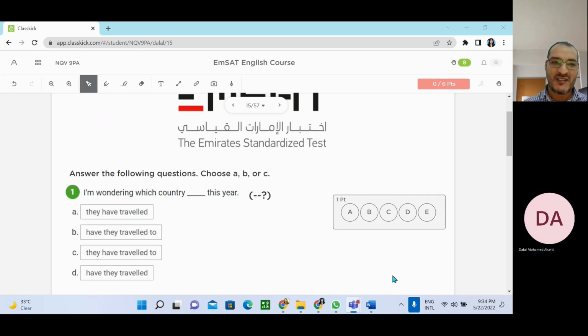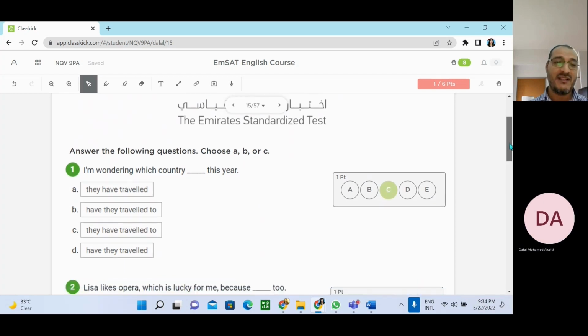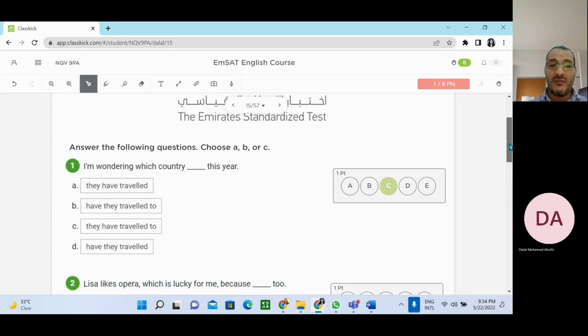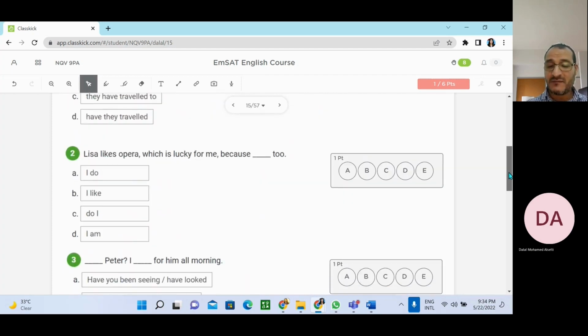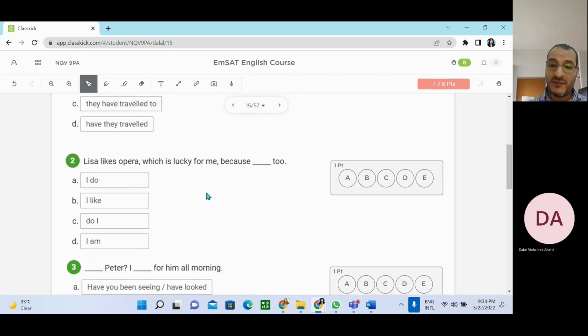If I put a question mark, I would say, I'm wondering which country have they traveled to, as a question, but it's not a question here, it's a statement, because it starts with "wondering." Wondering is indirect speech. Choose the correct answer again, please. Number C. I'm wondering which country they have traveled to. The point here is we use a statement: subject, verb, and then we use a preposition after travel.